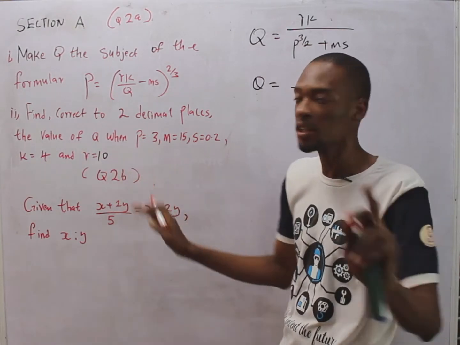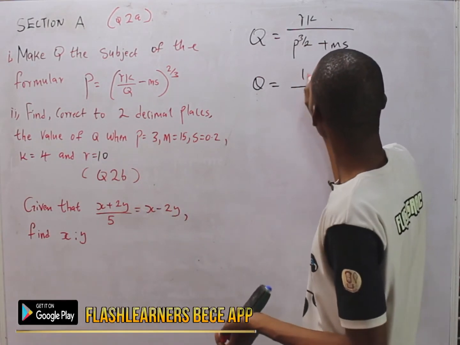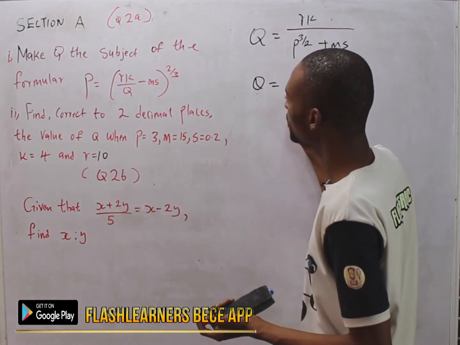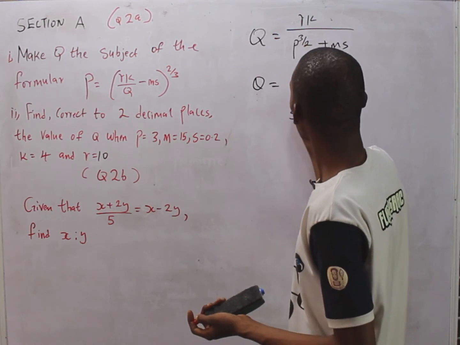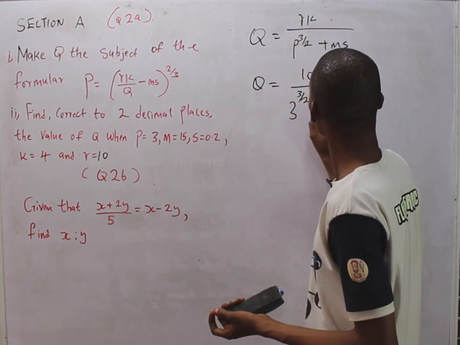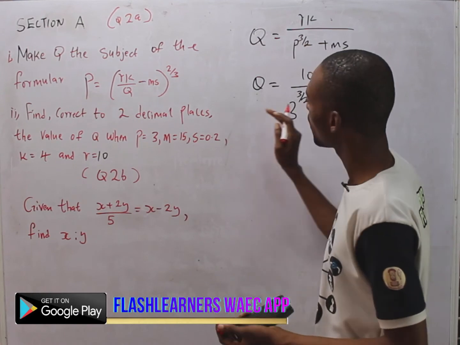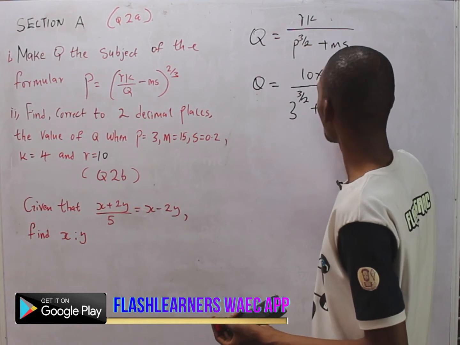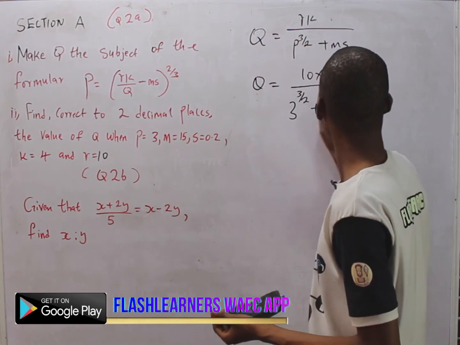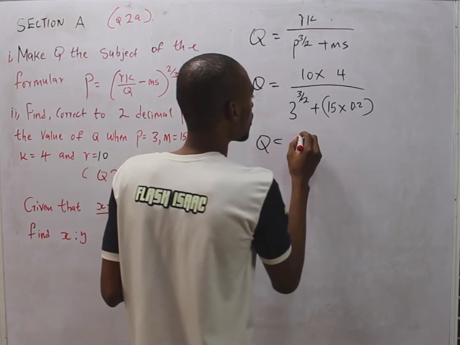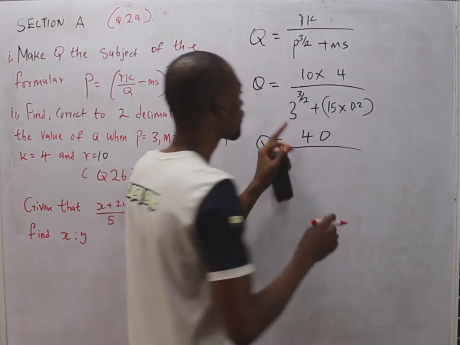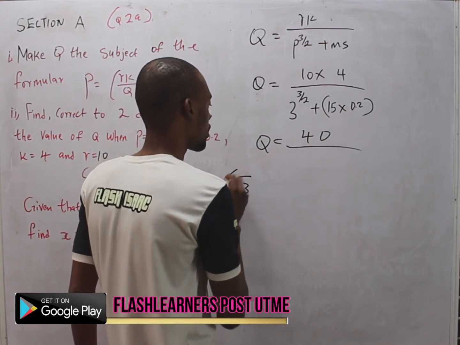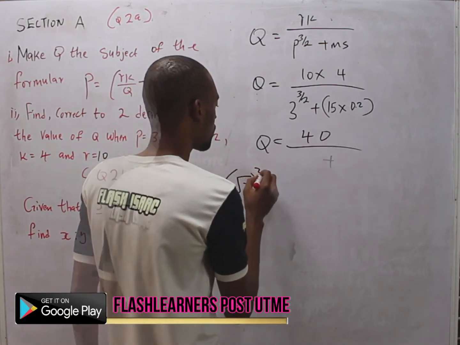R is equal to 10. So in that case, R is 10 times K, 4, over P, which is 3 raised to the power of 3 over 2, plus M is 15, 15 times 0.2. Now Q is equal to 40 over 3 raised to the power of 3 over 2, which is the same thing as the square root of 3 cubed.